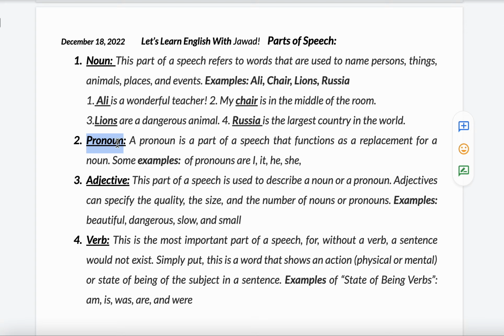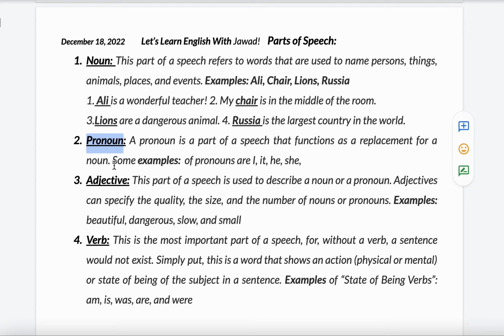Why do we use a noun and then why do we use a pronoun? The first time we use a noun, let's say I make a sentence: Corona was a disastrous disease. Now everybody knows that I'm talking about coronavirus.